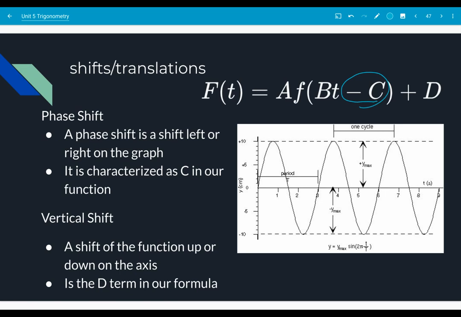Just like we have been looking at with our functions, the number inside is opposite what we expect and moves it left or right. And then the vertical shift shifts the midline, shifts the 0, quote unquote, of our trigonometric function up or down. And that's characterized by the d in the function.